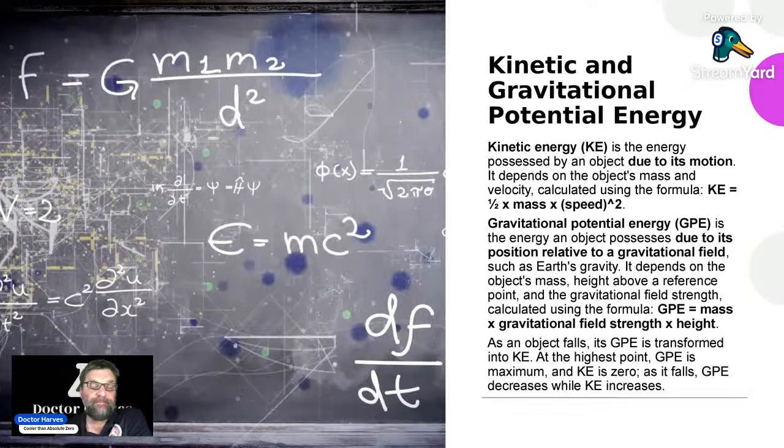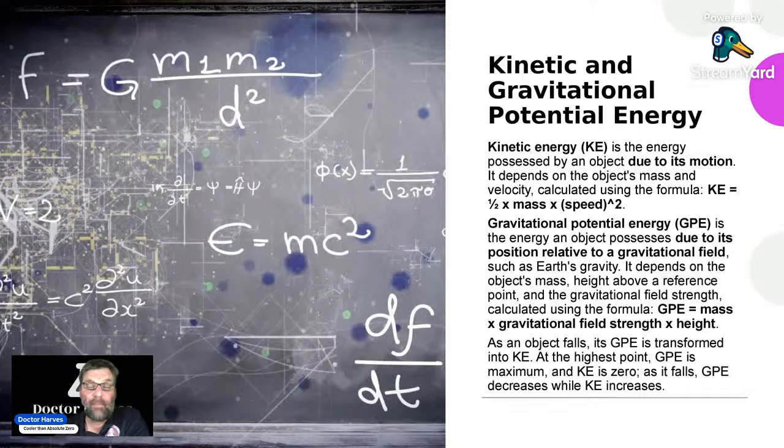And the other important equation in mechanical energy is gravitational potential energy, so GPE, and that's the energy an object possesses due to its position relative to the Earth's gravitational field, okay, due to gravity.